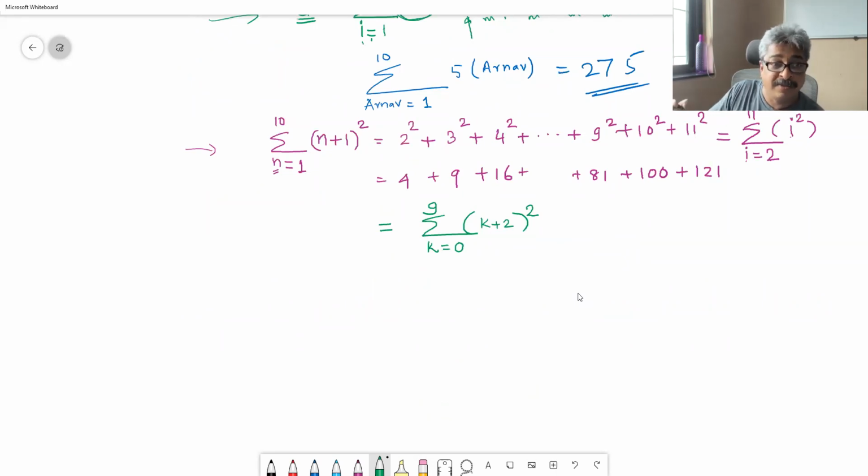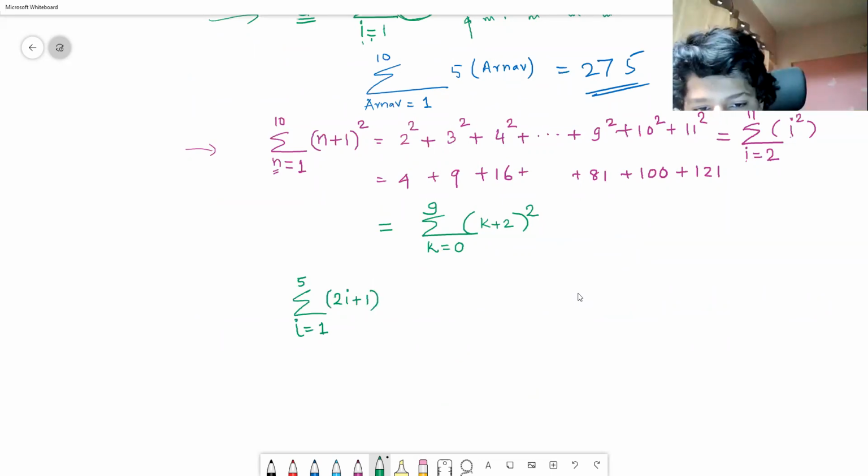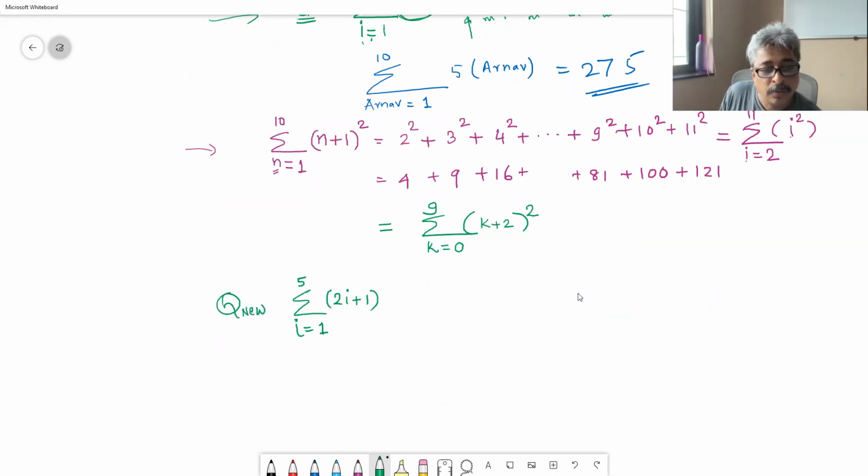We just play with sigma. Sigma i goes from 1 to 5 of 2i plus 1. The new question: this is equal to sigma i goes from 0 now, fill in the blanks.